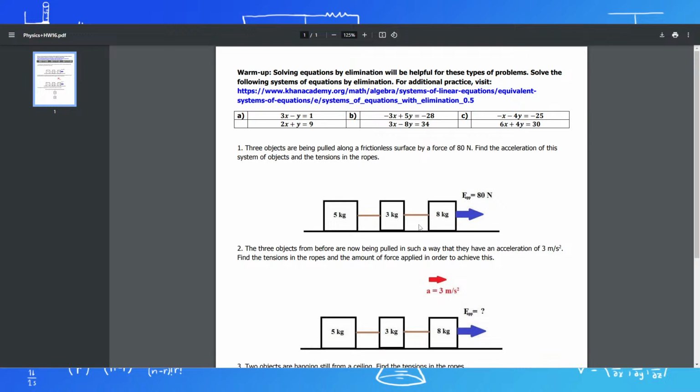So this rope over here on the right, it will have some sort of tension with which it pulls the 8 kilogram block to the left and pulls the 3 kilogram block with an equal force to the right. And then this one pulls left on the 3 and right on the 5 with, I would assume, a different tension force. It'll be quite the coincidence if these two tension forces are the same. They better not be, because I didn't write this problem for them to be the same.